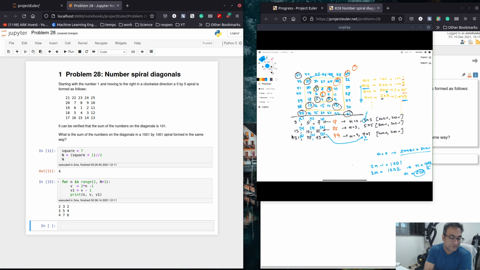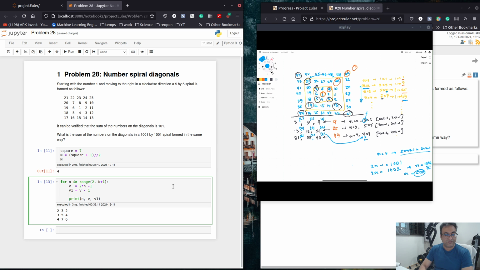Then we need to find the four diagonal values.